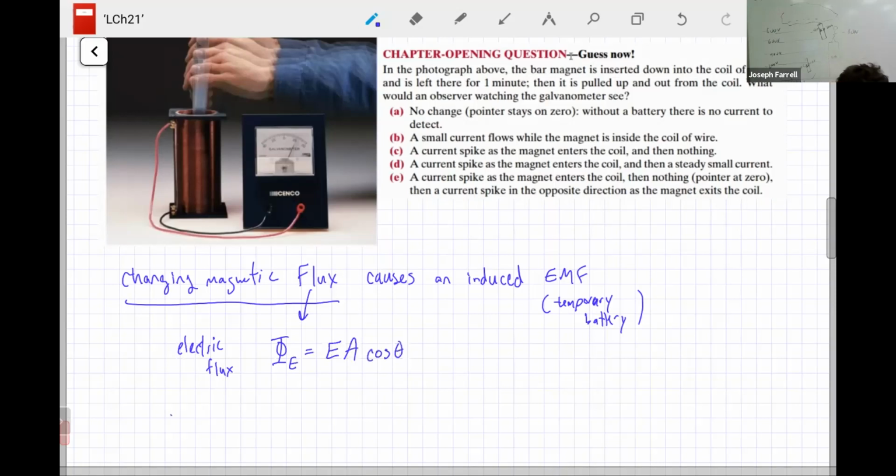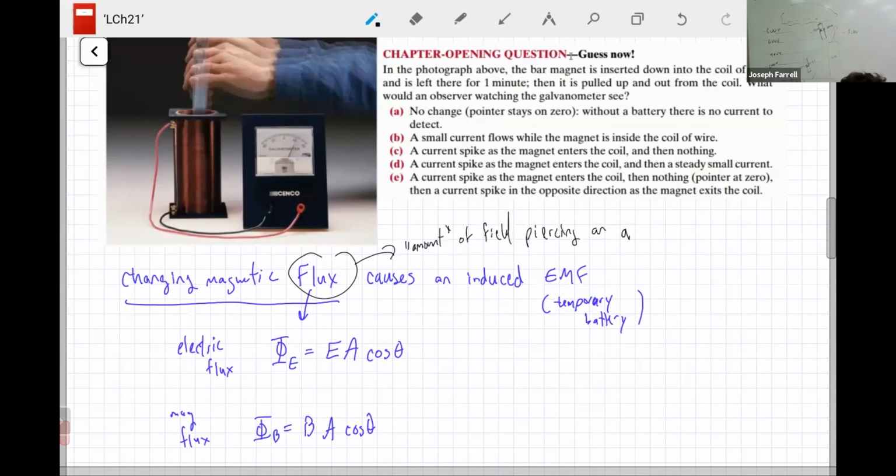And so magnetic flux, we're going to define in the exact same way, phi sub B, and that's the magnetic field times the area times cosine theta. Just to remind you, what is flux? You can think of it as the amount of field piercing an area.